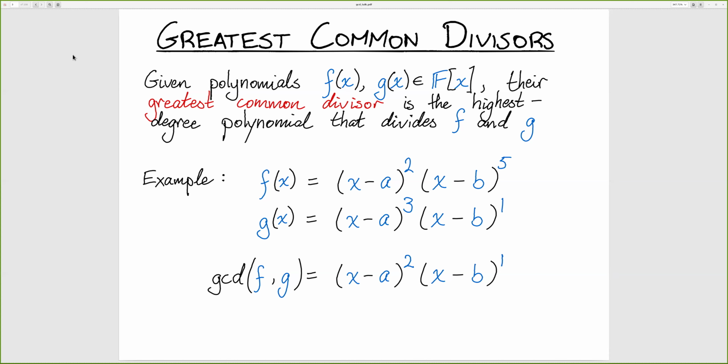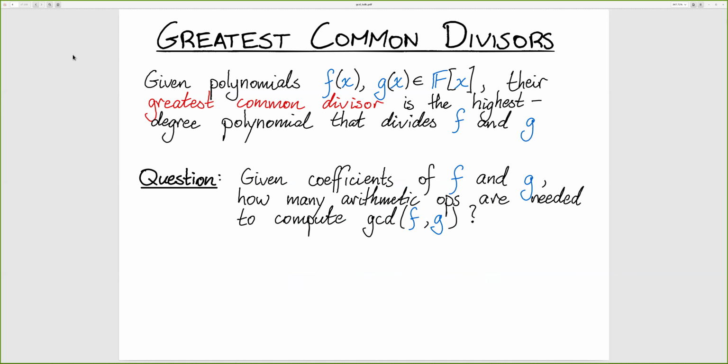What the GCD does is, for each factor, you take the minimum multiplicity you see in each polynomial. Now, of course, this is a way to mathematically define the GCD. To compute it, this suggests that maybe you need to factor the polynomials, but of course we know you can compute GCDs without factoring. And in fact, we've known for quite a while how to do this.